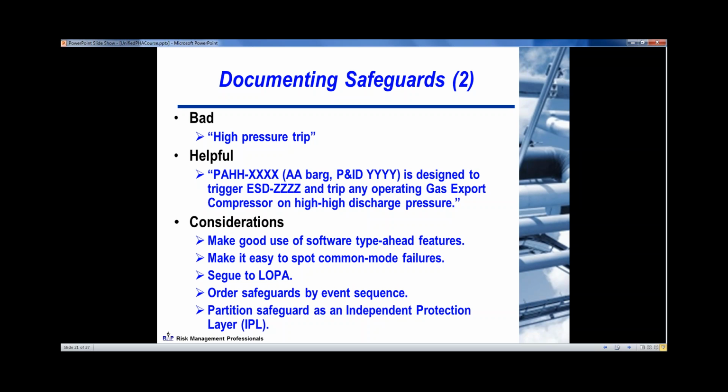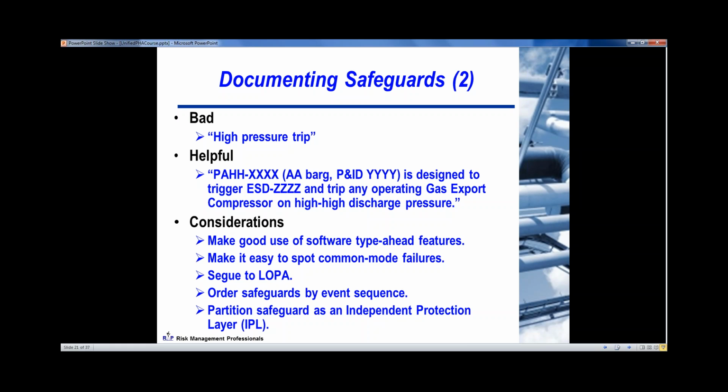You can also, by being exacting with respect to partitioning the safeguards as independent protection layers, avoid reinventing the wheel if you have to do a layer of protection analysis. You've already defined your IPL and can go right into identifying the probabilities of failure and demand and the other things that you need to do during the LOPA.